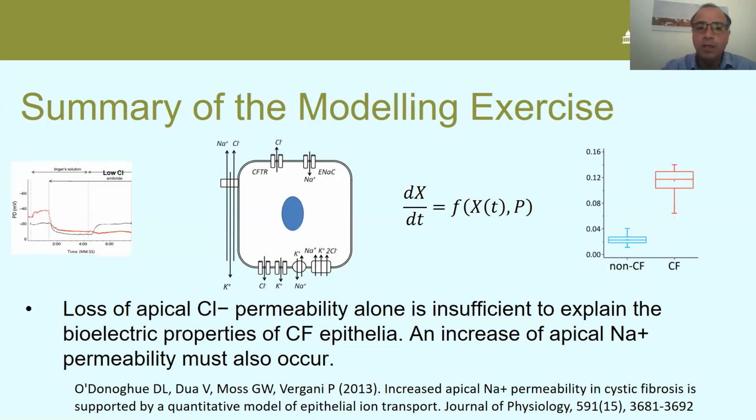They now know that if they're going to develop a drug, they should not just be focusing on the chloride channel. They have other options to work on as well if they're trying to identify a target drug for CF patients. Okay, so now going to move to the next application.